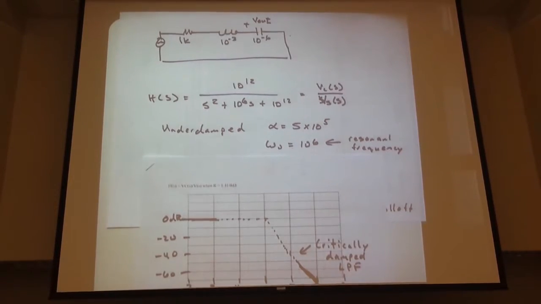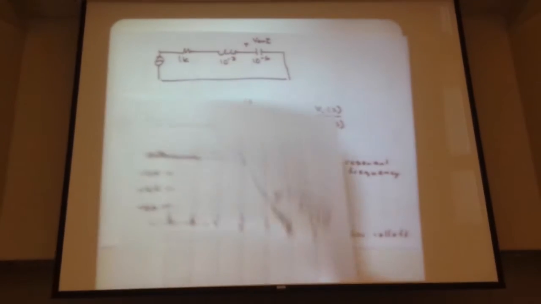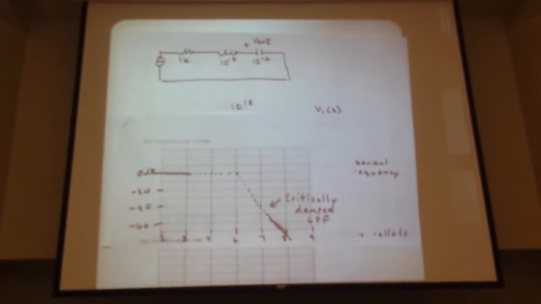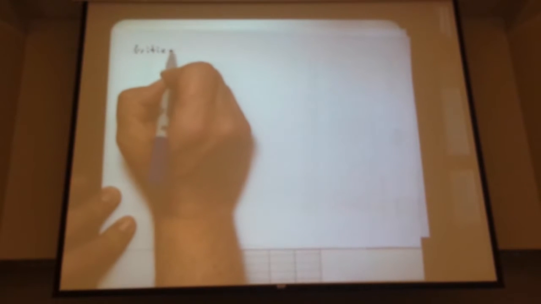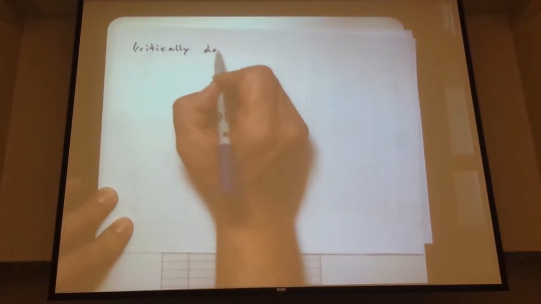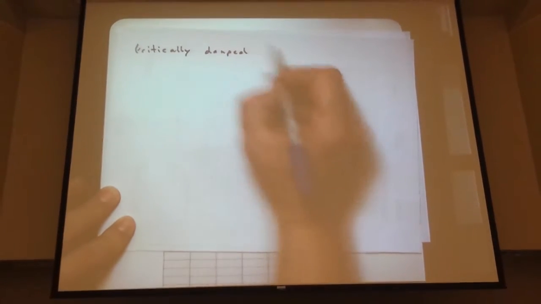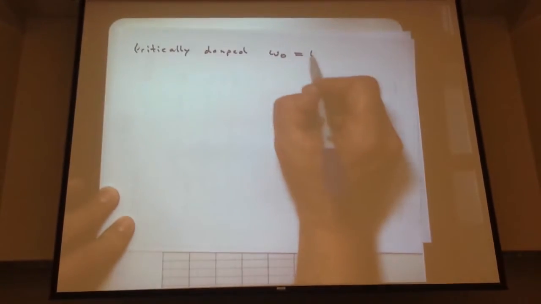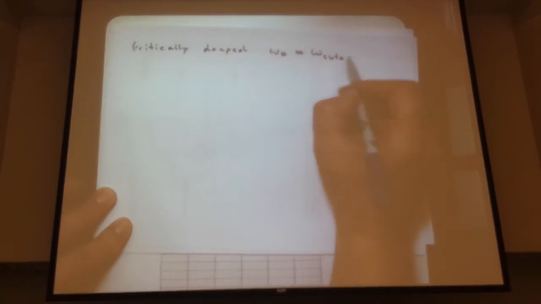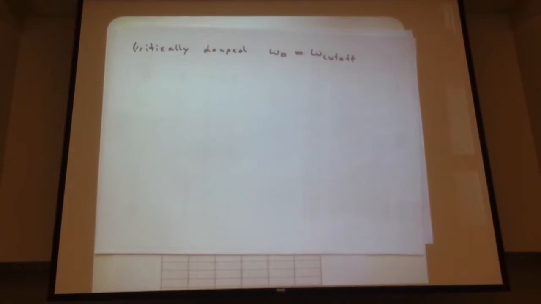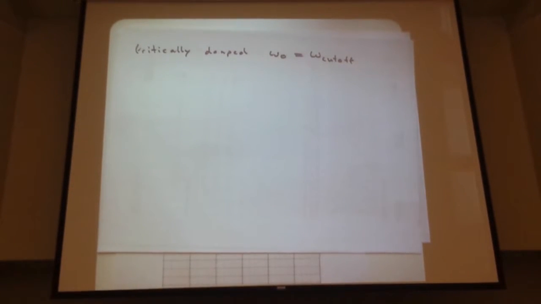Yeah, it's worth writing down somewhere. Critically damped: omega naught equals omega cutoff, or corner, or whatever terminology you want.